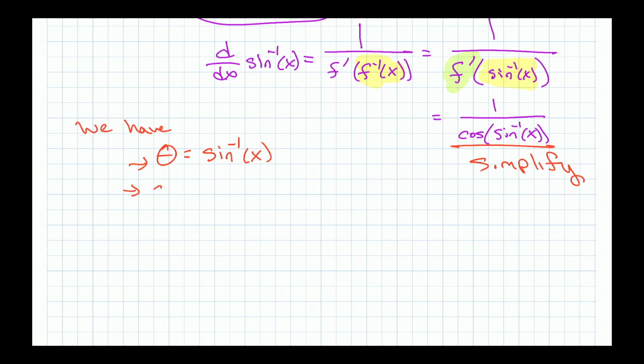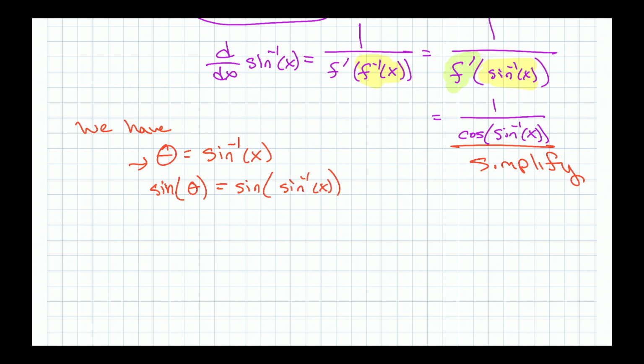That means sine theta equals x. Why is that? That's that inverse of an inverse thing, right? So if that does not make sense to you, I'll do it in 2 steps. So if you apply a sine to the left-hand side, you apply a sine to the right-hand side.